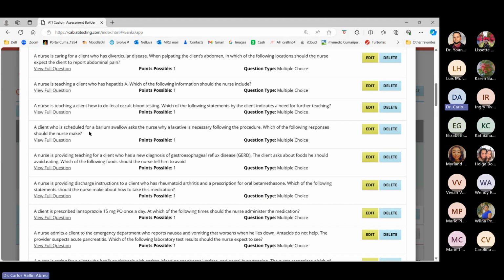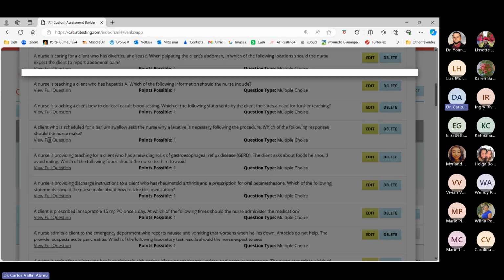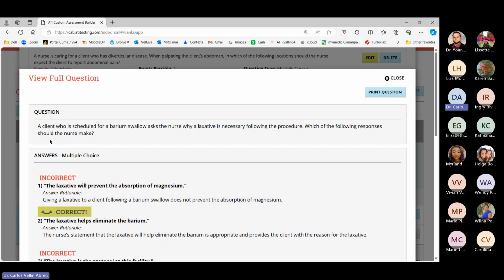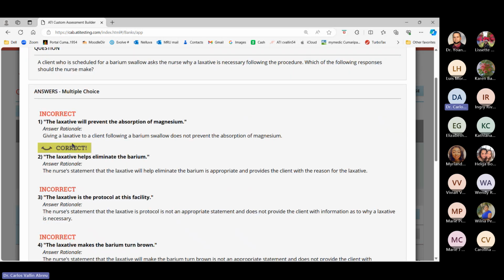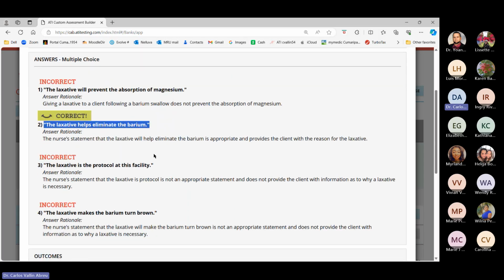A client who is scheduled for a barium swallow asks the nurse why a laxative is necessary following the procedure. Yes, the barium tends to solidify, to dry, and can produce fecal impaction. That's why the laxative helps eliminate the barium. It is correct.